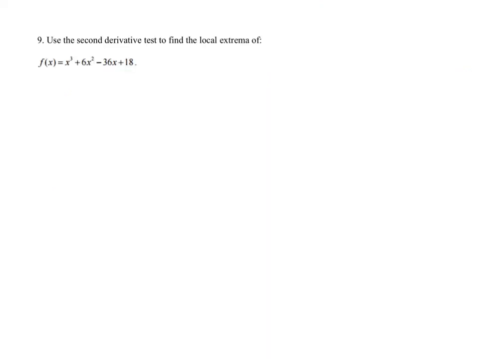The next question says, use the second derivative test to find the local extrema. Now the second derivative test is not terrible. First you find the first derivative. Let me just name it f prime. The first derivative of this thing is 3x squared plus 12x minus 36. You set it equal to 0 and find your critical points.